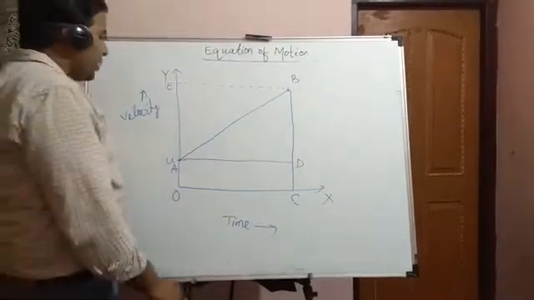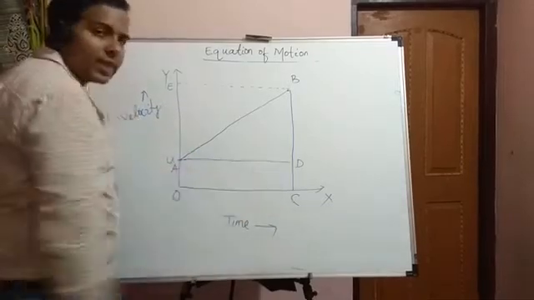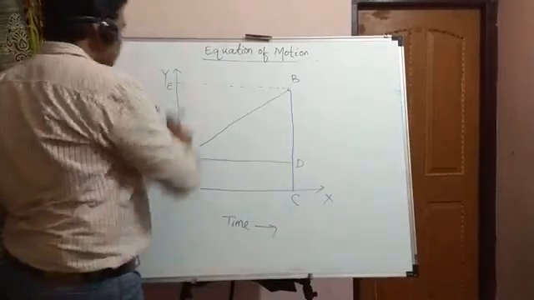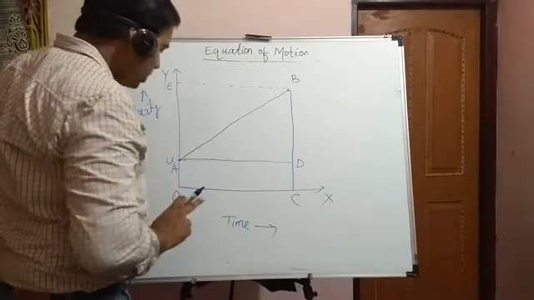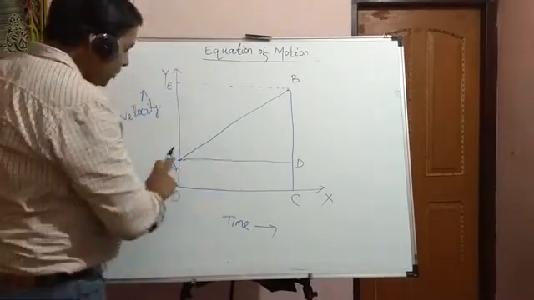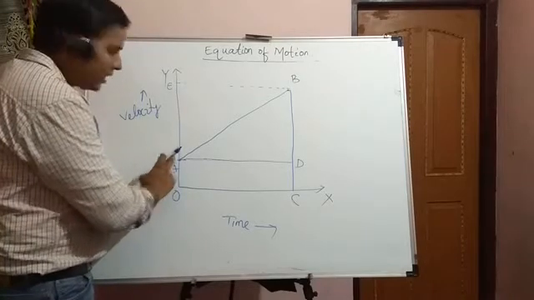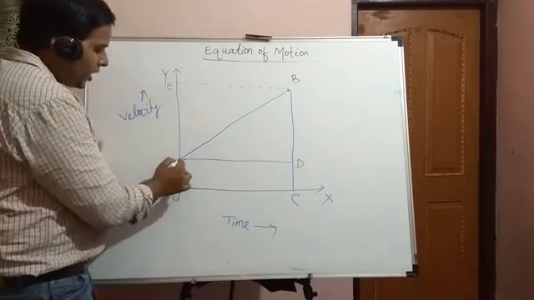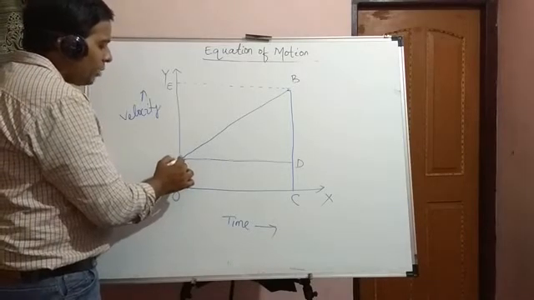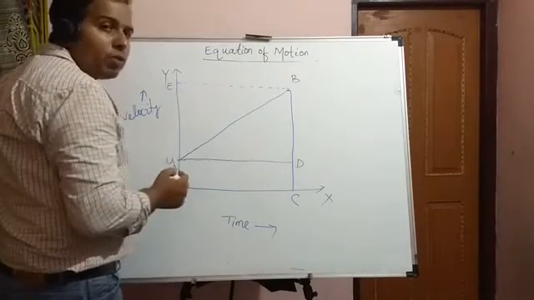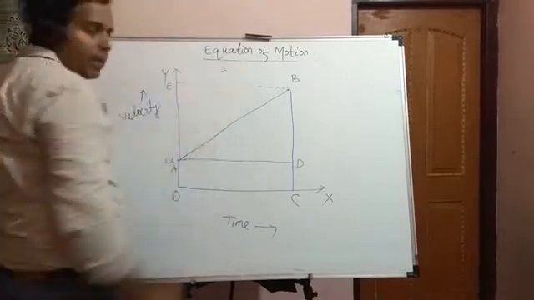This is the coordinate axis, this is the x-axis, and this is the y-axis. A vehicle is starting the motion with initial velocity u, let's say at point A.